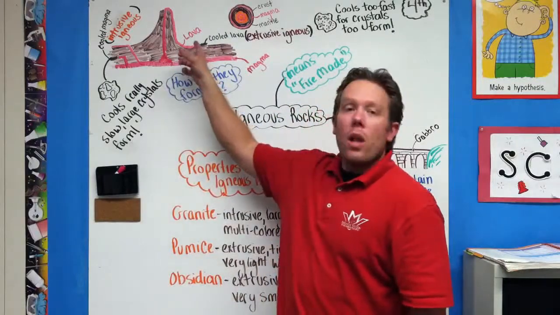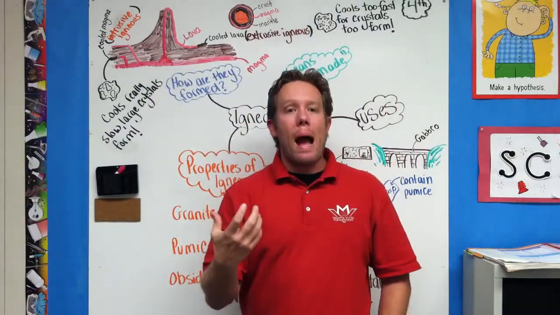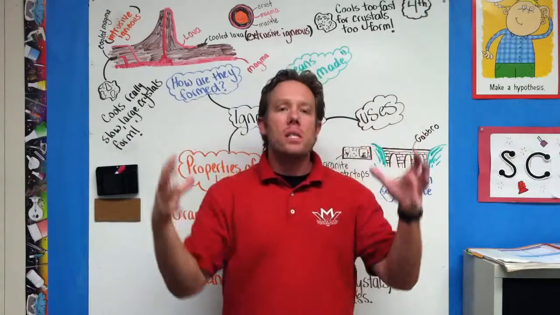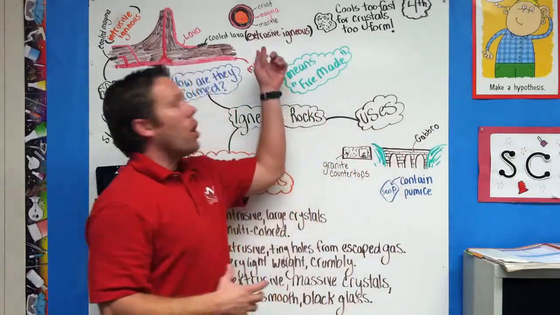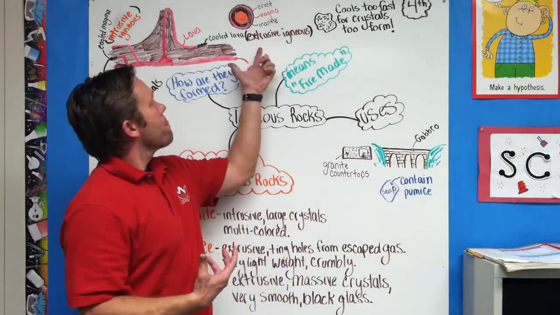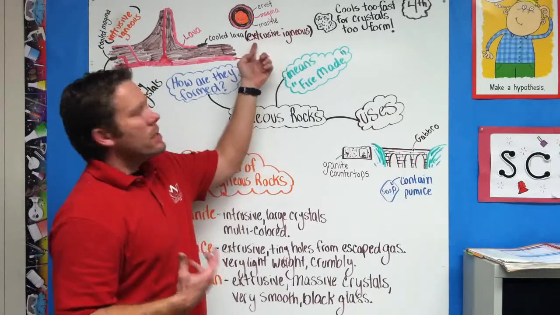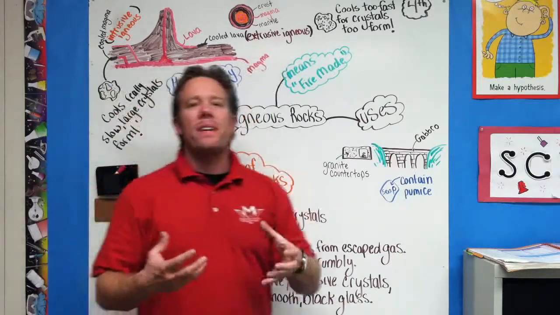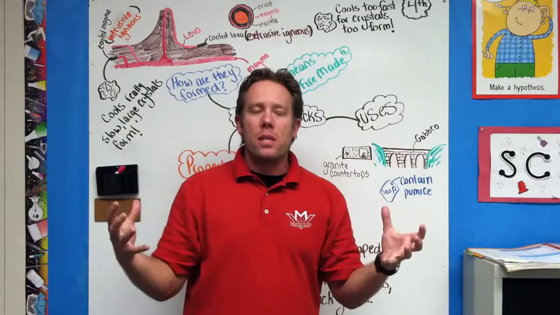Okay? Lava that cools really rapidly on the outside of the crust is called extrusive igneous rock. We talked a little bit in class about how the prefix EX means outside.